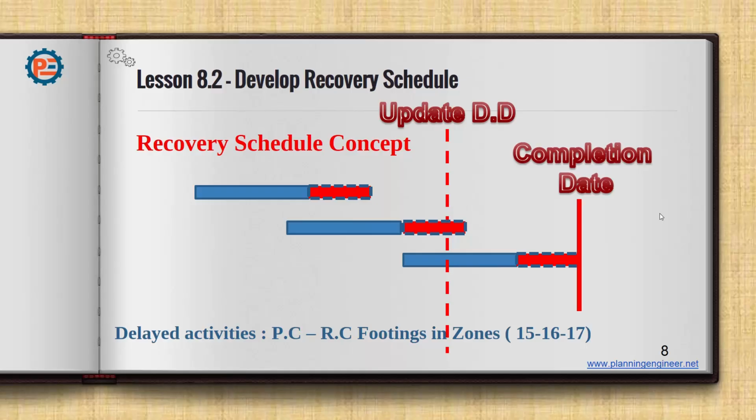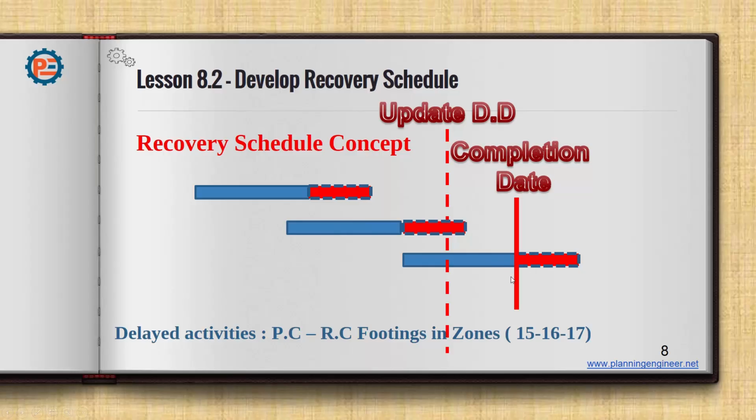Because the consultant and the client always panic when they see the planned percentage much higher than the actual progress. So in order to do this, we need to extend these activities by the same time as the delays and maintain the completion date at its original date.